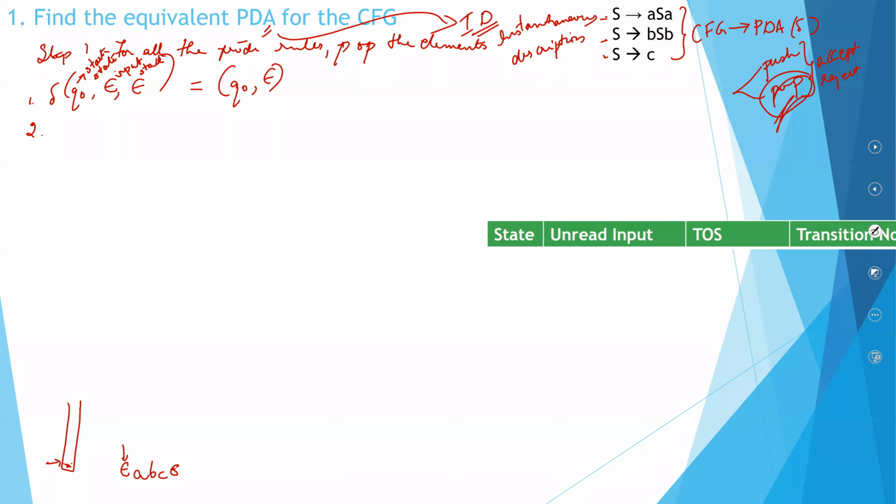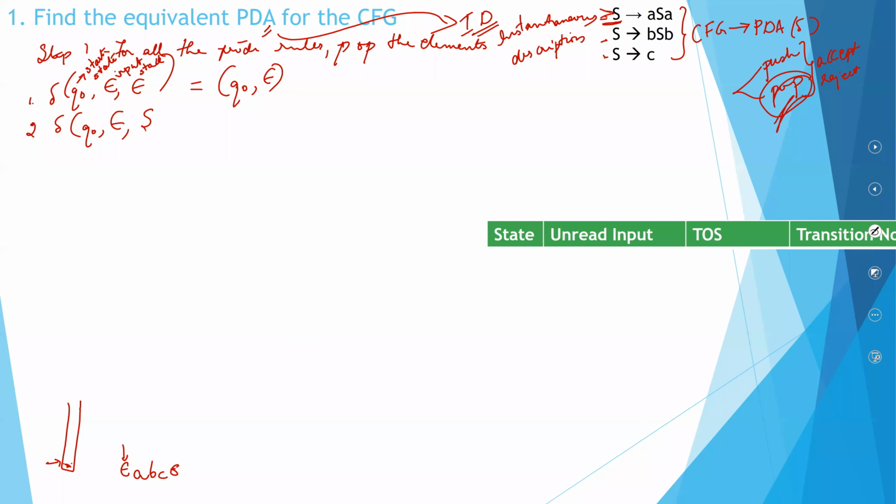Now I will start writing each of my production rules. First I am going to write my first production rule. So this is how you write it. Delta, I'm still in my Q0. I am still encountering epsilon. What is the symbol I'm encountering?